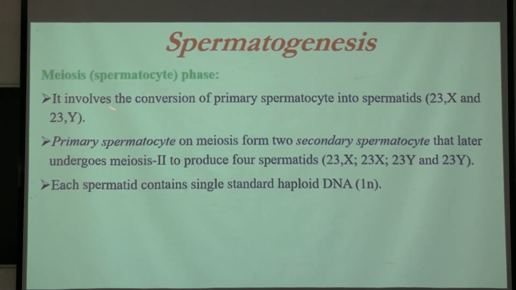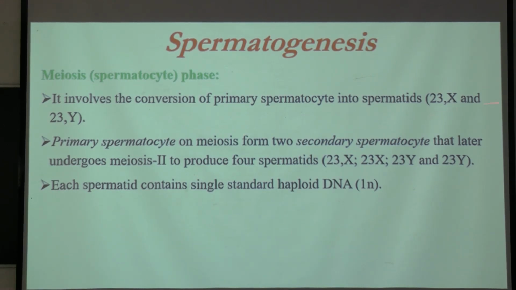So meiosis involves the conversion of primary spermatocytes into spermatids. Primary spermatocyte on meiosis 1 forms two secondary spermatocytes, and that later undergoes meiosis 2 to produce 4 spermatids. Okay.